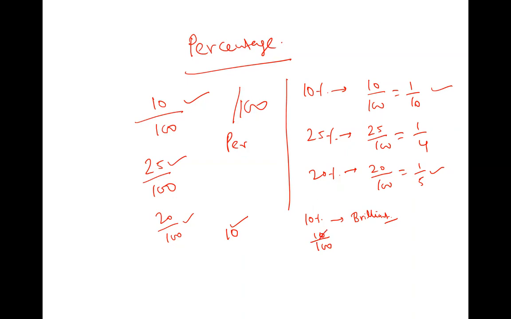It means 1 is brilliant out of 10. So only 10 students are there, means how many students are brilliant? So only 1 is the answer. Right? So fraction value gives us a very good trick to solve the question.